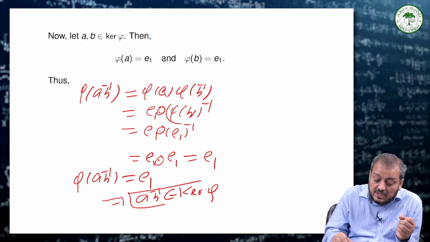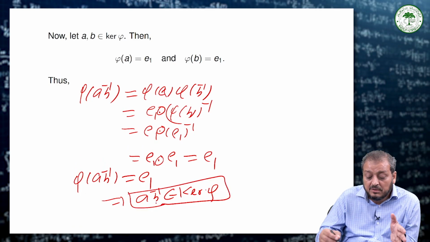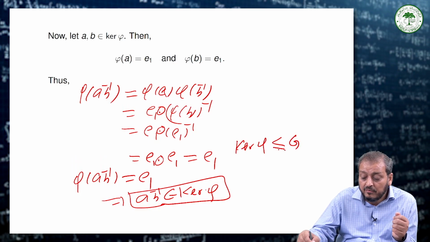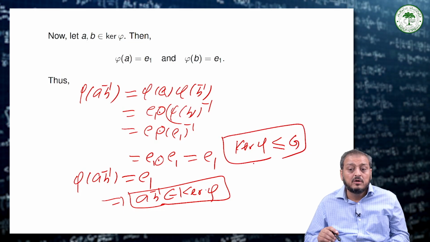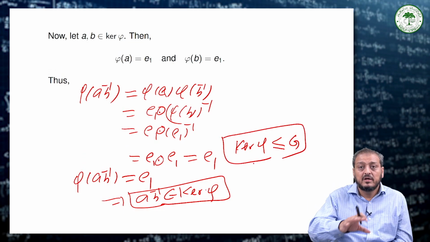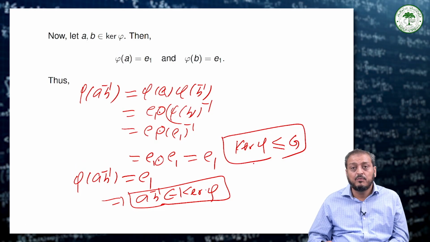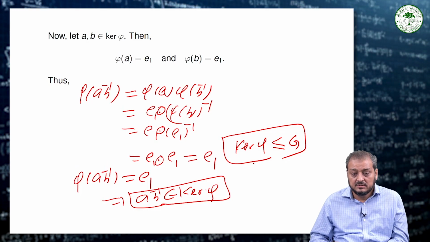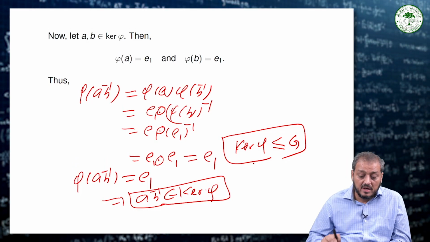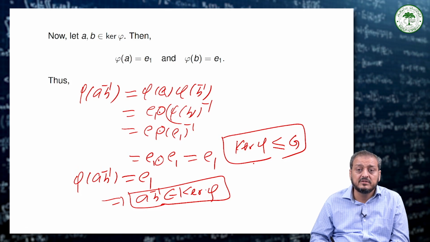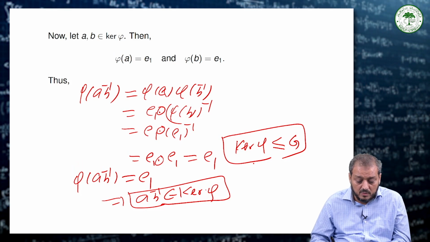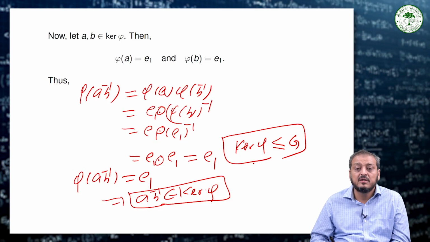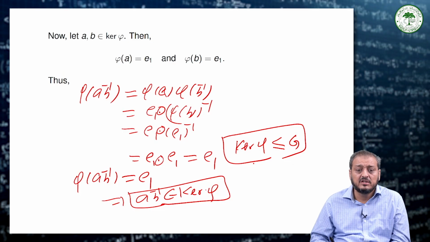If AB inverse is an element of the kernel of phi, then we can simply say that the kernel of phi is a subgroup of the group G. So we show that this satisfies the criteria of a subgroup, and so we have a proof that the second one is also true.